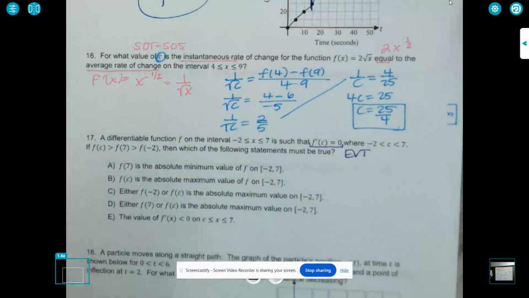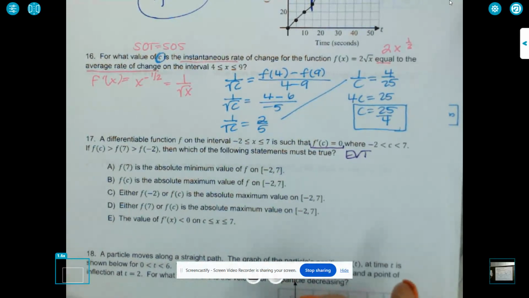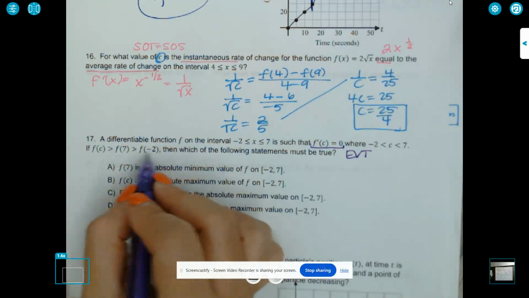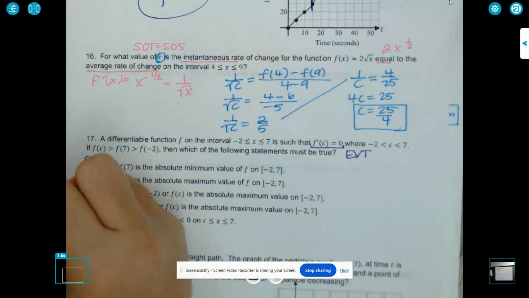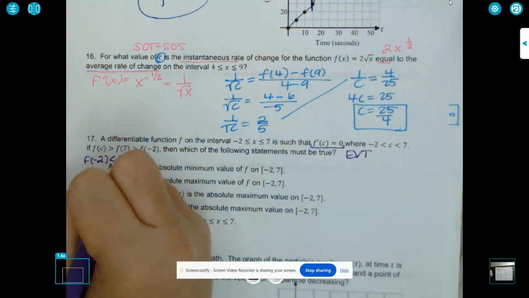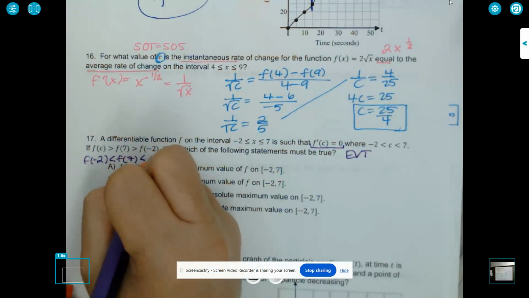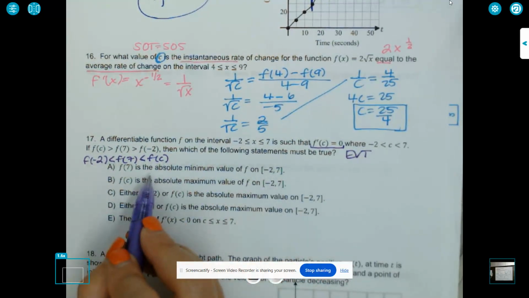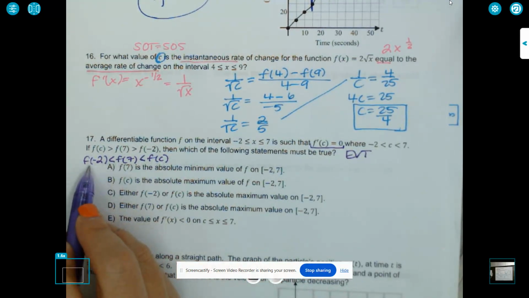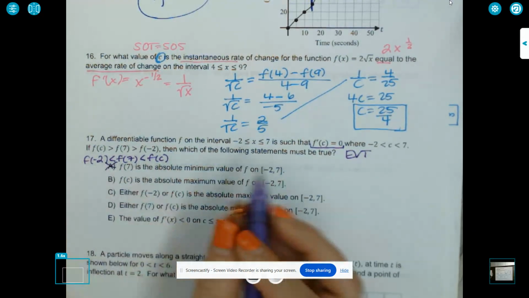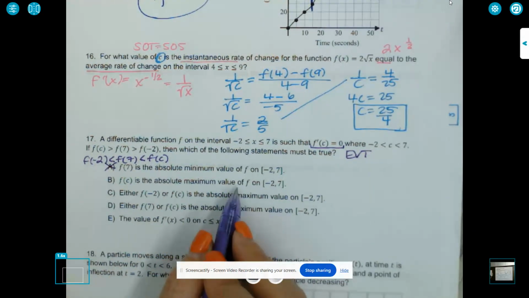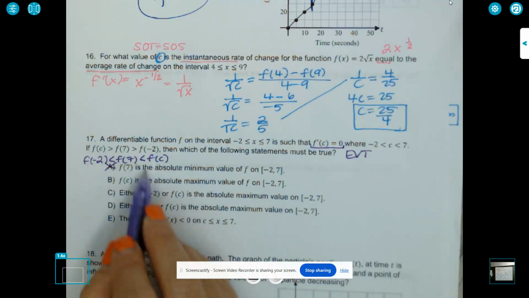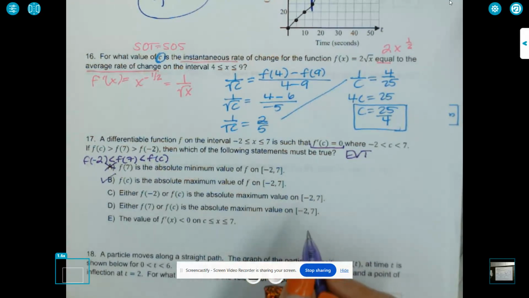Okay, well, this is saying, if I was to write this the other way, this is going to go from max to min. If I wanted to go the other way around, I could go f of -2 is less than f of 7 is less than f of c. So my min, the absolute minimum value, is definitely not f of 7 because f of -2 is smaller than that. Okay, the absolute max value is f of c. Well, that works.